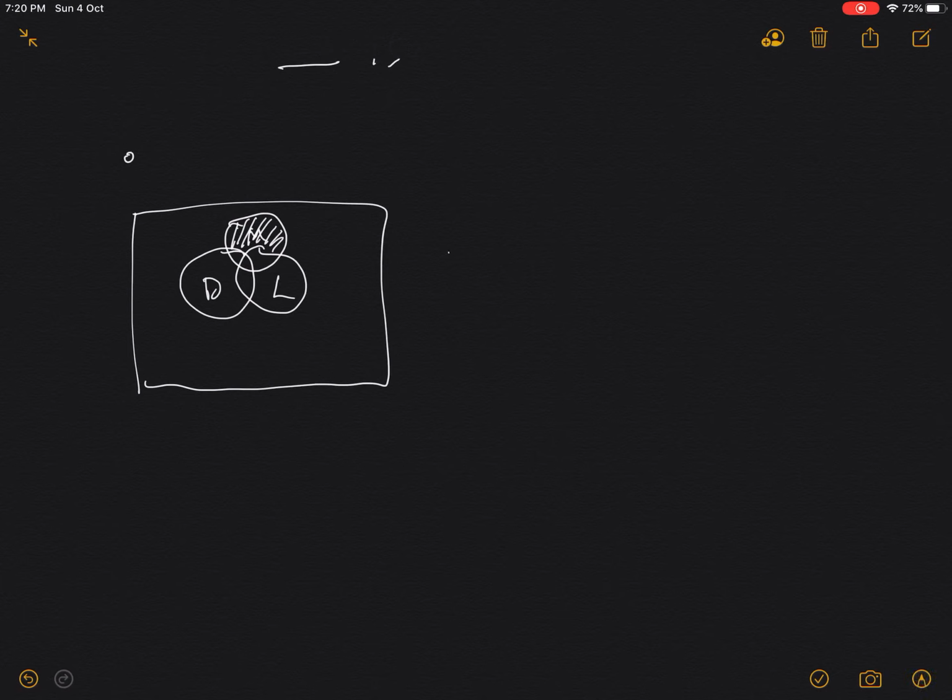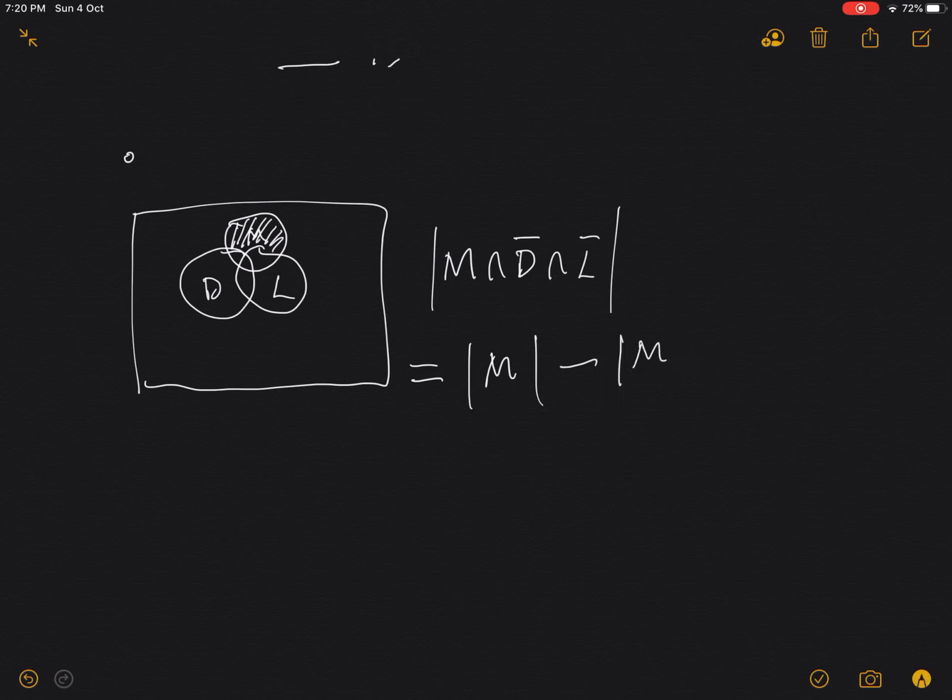It's eat mangoes but not durians, not lychees. First we have the students who eat mangoes, but we need to remove the students who eat mangoes and durians. This part.